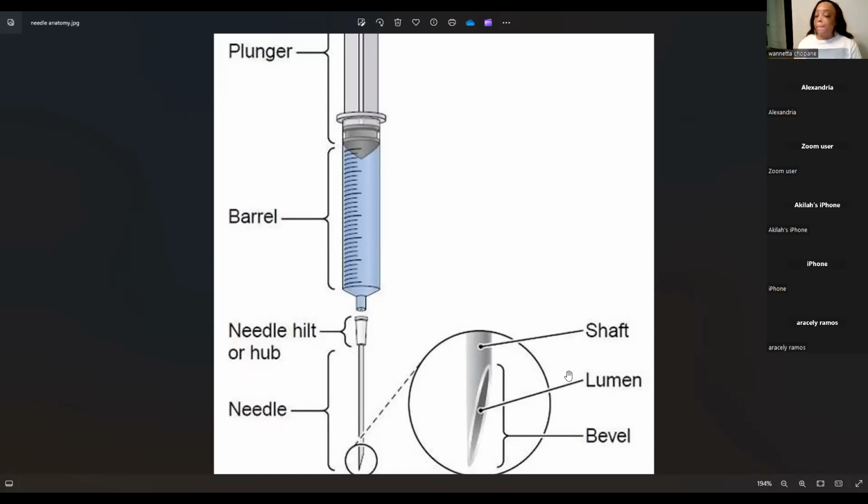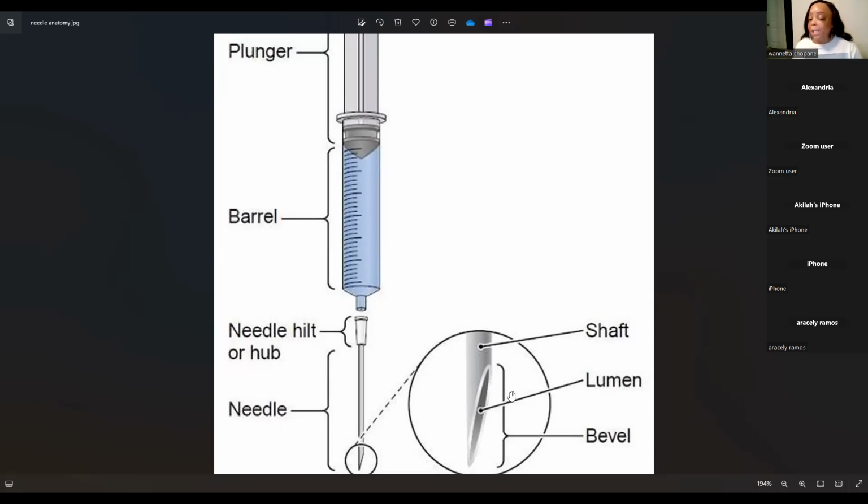But now when we get to the magnifying area, I want you to know that there are 3 dynamics of the needle that are important. So we have the shaft. We have what's called the lumen, L-U-M-E-N. And the lumen, you see it points to the inside of this opening.